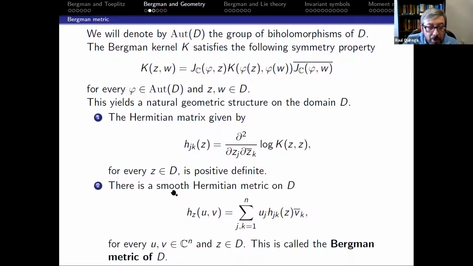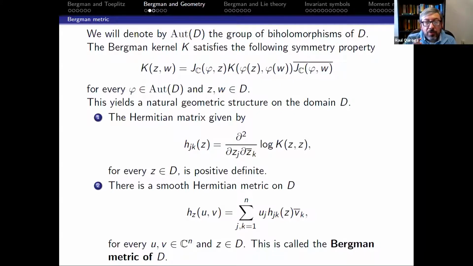And that's how you get what is called a smooth Hermitian metric. This is the definition once you have these positive definite matrices. It's changing with the point, but it varies smoothly because of this expression. This is called the Bergman metric of the domain.